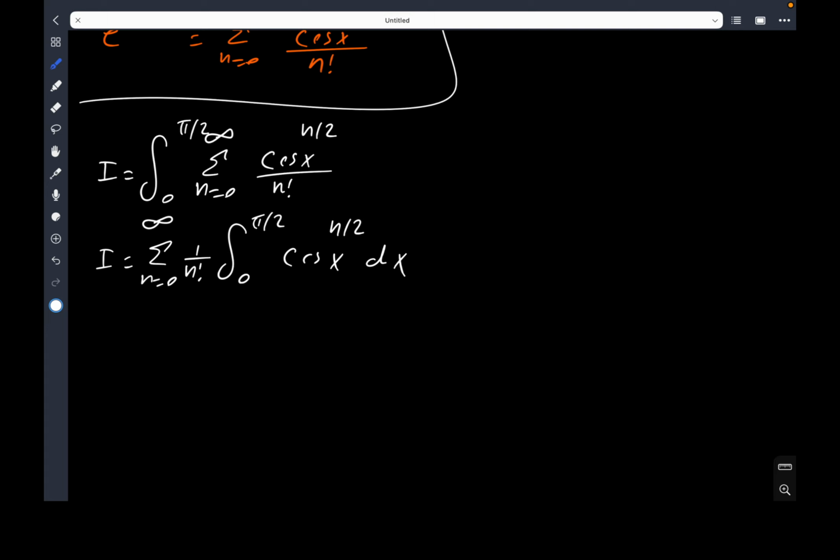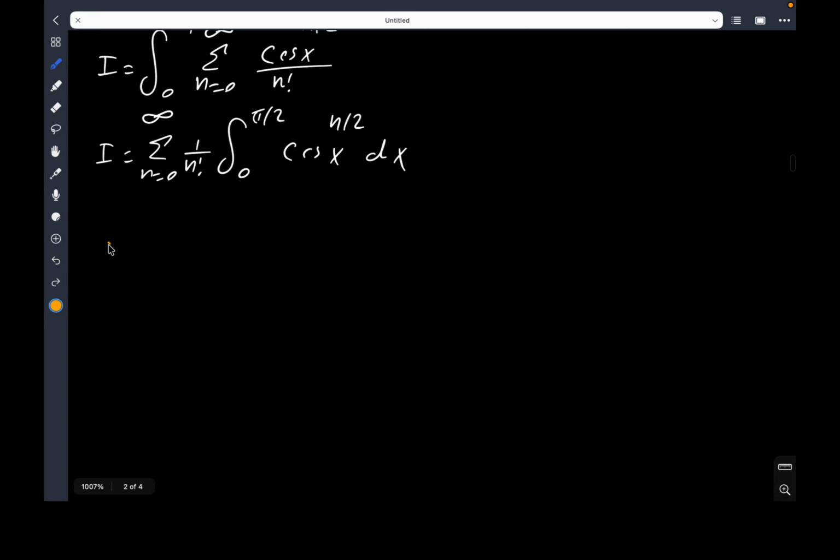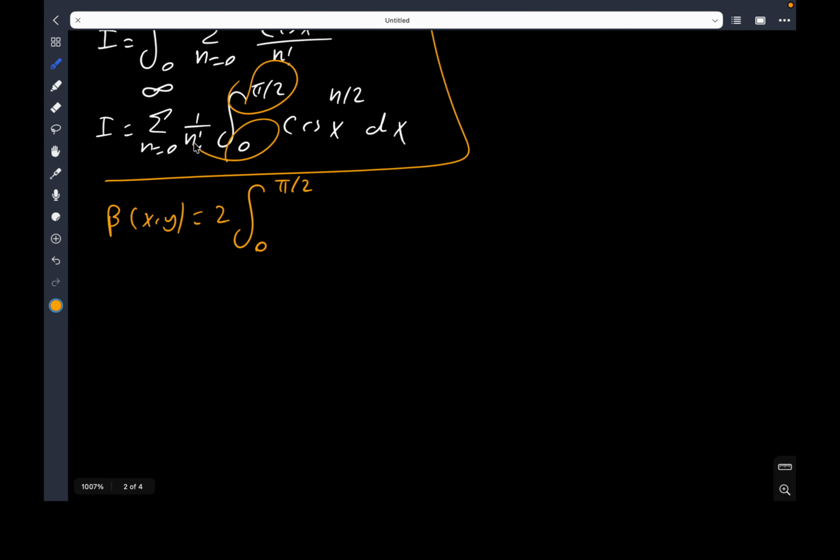Now, we cannot proceed any further than here unless we use the beta function, which is defined as an integral of a trigonometric function. It is defined as 2 multiplied by the integral from 0 to pi over 2, notice that bounds do match here, of sine theta to the power of 2x minus 1, cosine theta to the power of 2y minus 1, d theta.